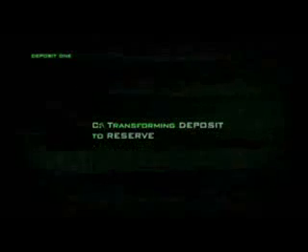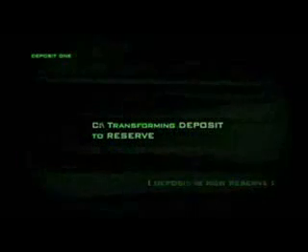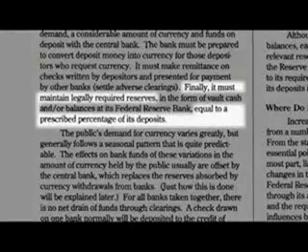So, the exchange has been made and now $10 billion sits in a commercial bank account. Here's where it gets really interesting. For based on the fractional reserve practice, that $10 billion deposit instantly becomes part of the bank's reserves, just as all deposits do. And regarding reserve requirements, as stated in Modern Money Mechanics, a bank must maintain legally required reserves equal to a prescribed percentage of its deposits.